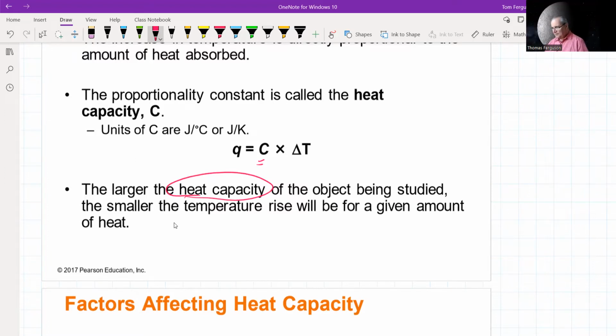Heat capacity is how much energy is required to move the temperature. Something with a high heat capacity, like water, for example, takes a lot of energy to change its temperature. Or something like aluminum has a low heat capacity, and it takes less energy to change its temperature.